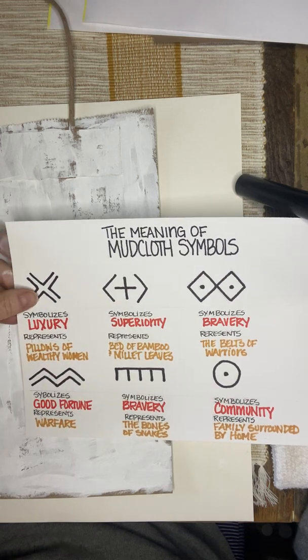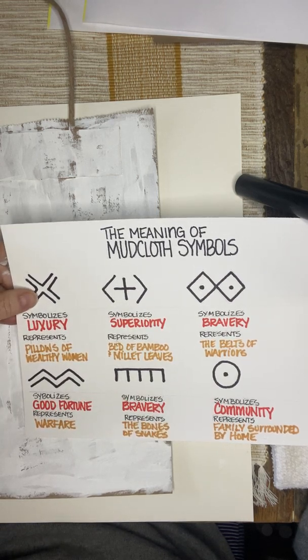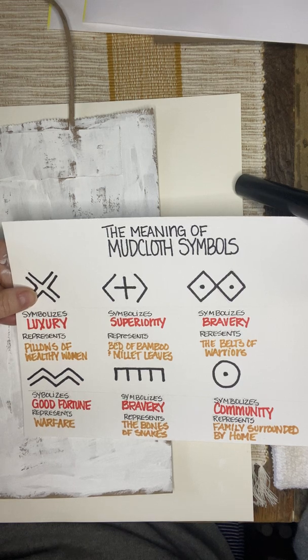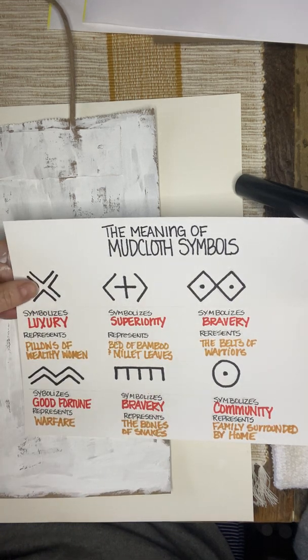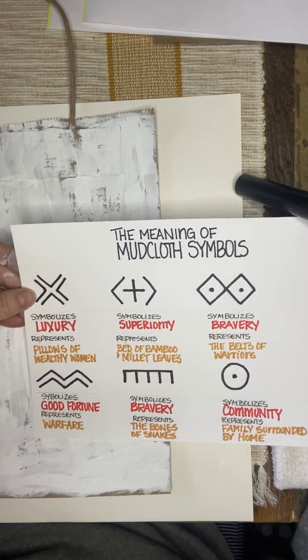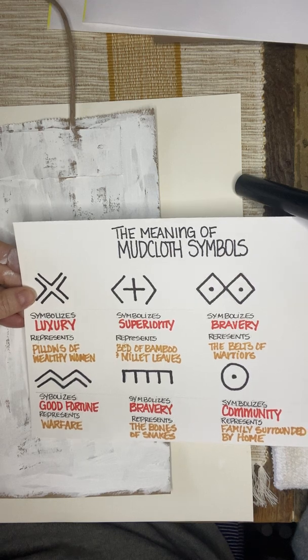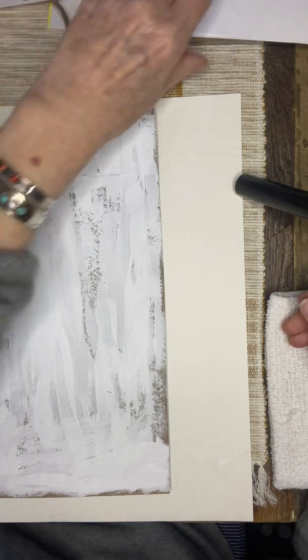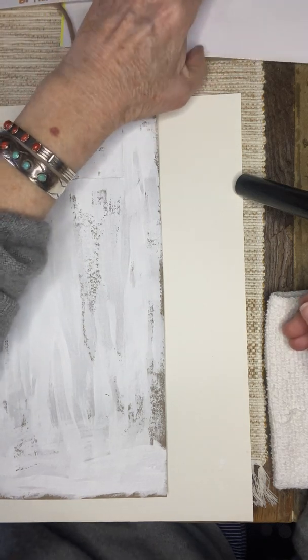This one symbolizes bravery, and it represents the bones of snakes. And the last one symbolizes community and represents family surrounded by home. So you can see these are just a few of the symbols that you'll find on mudcloths, but I will download some more for you.